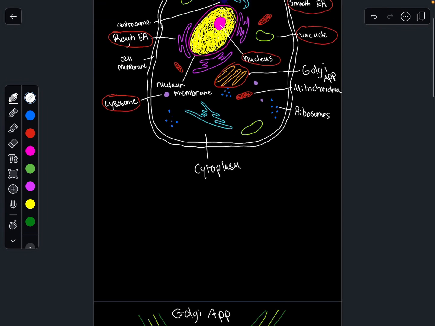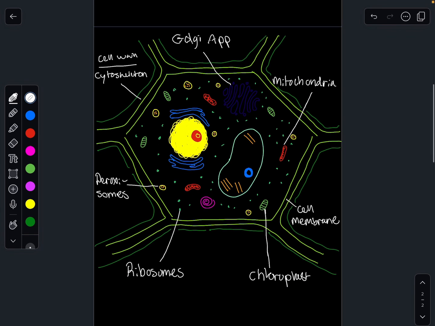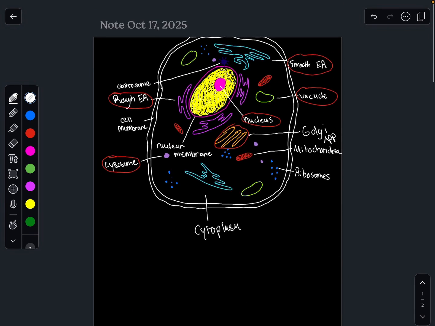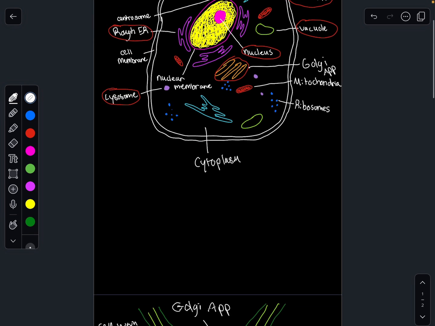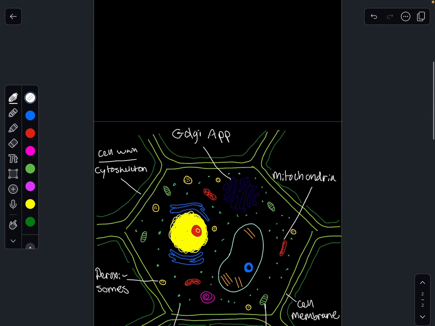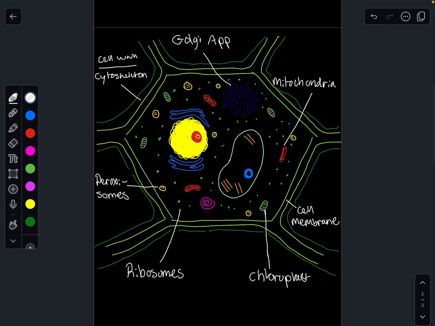And now we move to the plant cell. I was talking about the animal cell in the last part, but I think I had forgot to mention it previously. So, yeah. First I want to talk about the cell wall. It's just a provider, basically, for the cell.